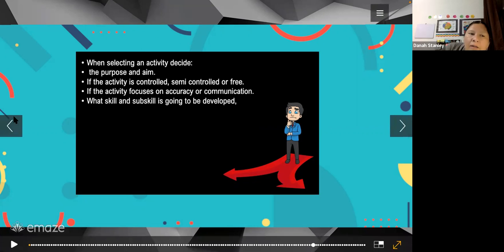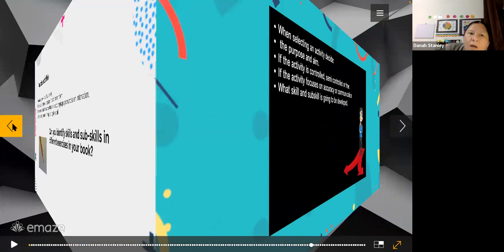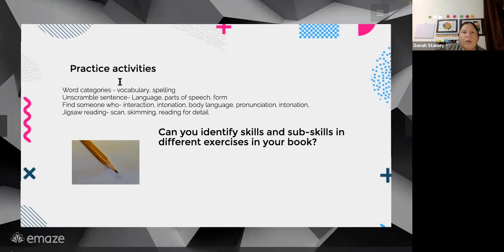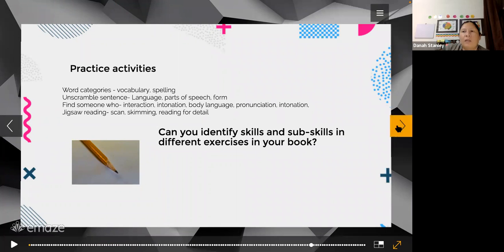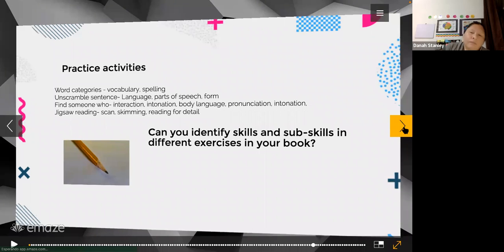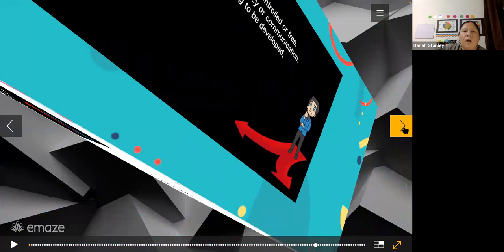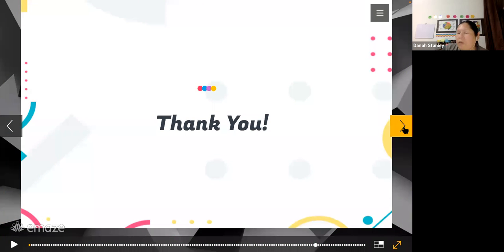And also, as in the analysis we made here, what skills and sub-skills will be developed or touched by answering this exercise. So probably they may be practicing two skills in one exercise. That gives me time, that is, it improves the management of time I have in my classroom. Okay? Comments?